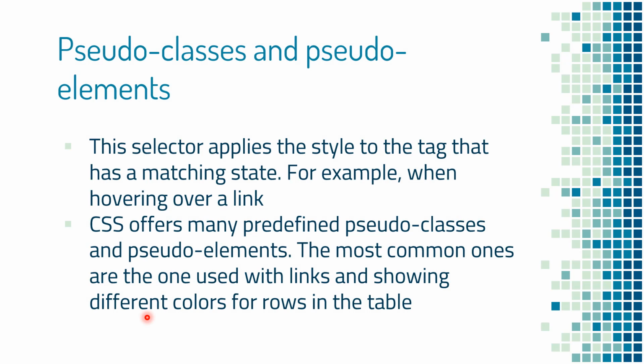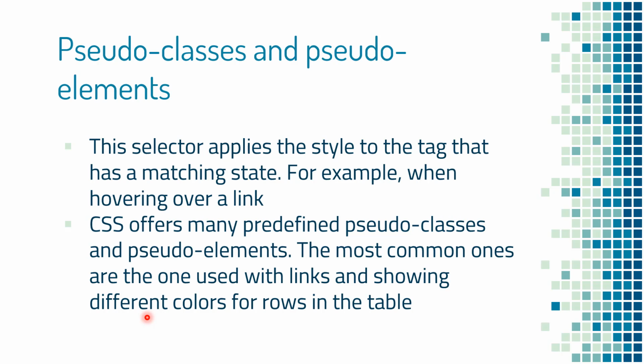So the pseudo classes or the pseudo elements. These selectors apply the style to the tag that has a matching state. To understand what we mean by state, let's say we have a list of students in the class, and instead of listing all the rows in the same color, we want the odd rows with a specific color and the even rows with a different color.